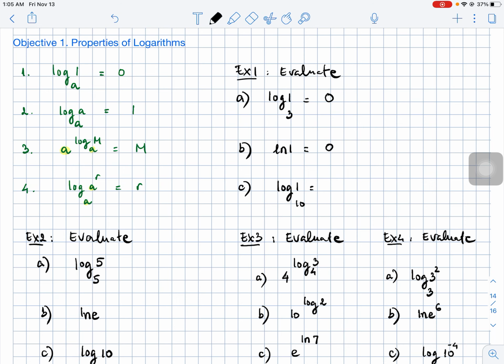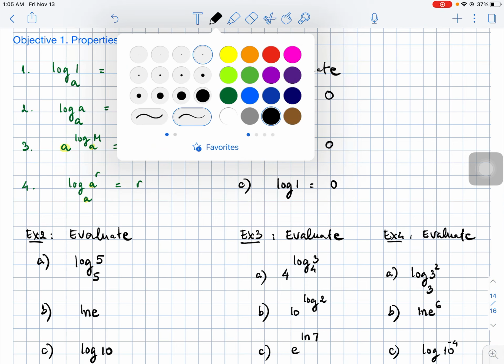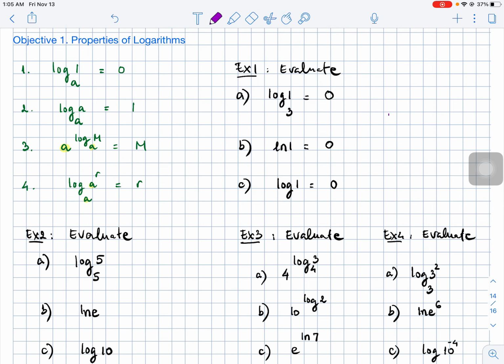So 10 to the what power equals 1? Then the answer is 0 because 10 to the power 0 equals 1. For all of example number 1, we use property number 1. So log of any base, where the argument is 1, will give us the answer 0.